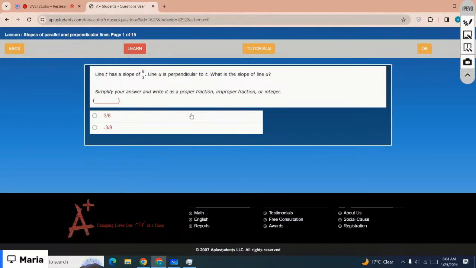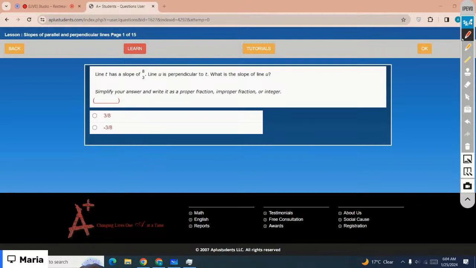If two lines are perpendicular, then line U has the slope that is the negative reciprocal of line T. The slope of line T is 8 over 3. So the slope of line U is the reciprocal, which means you have to interchange the numerator and denominator and add a negative sign. So that would be negative 3 over 8, right?